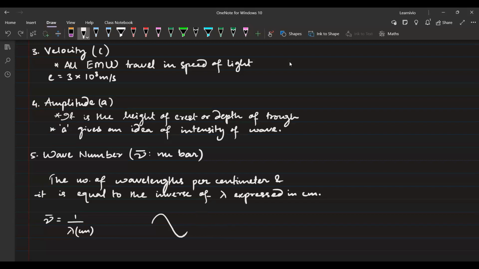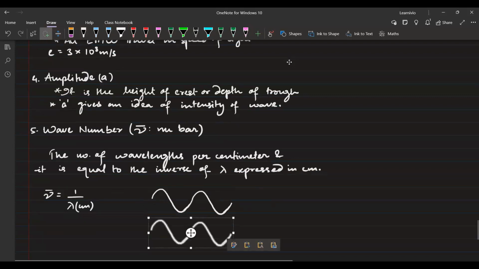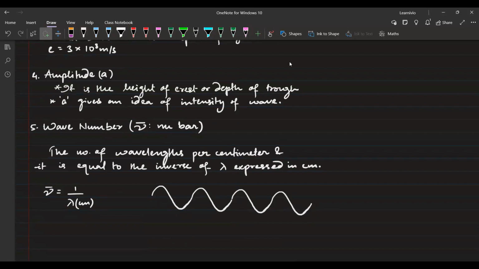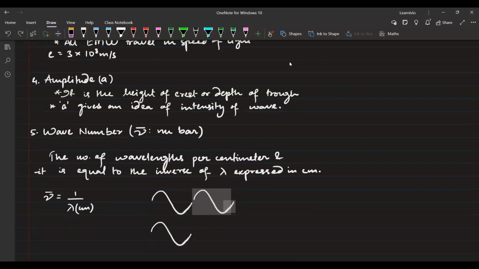Yes, sir, I can see this part. Have you written till the second, or not even the second? Sir, I haven't written the second. Okay, wait, we will explain afterwards. Just give me a second.